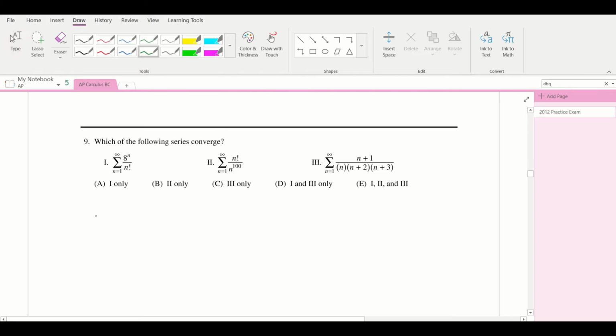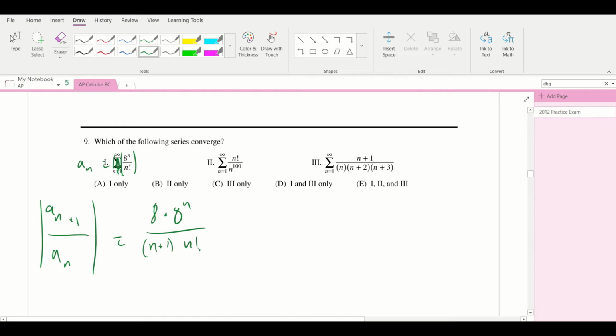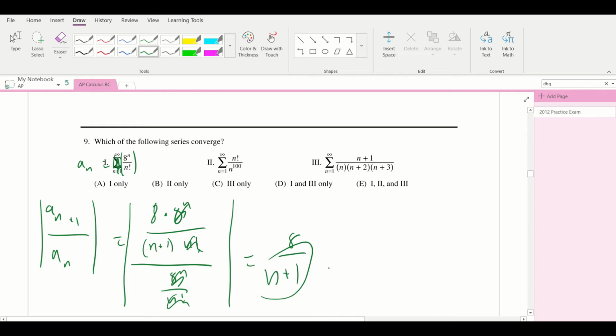If we set a_n equals this part right here, we have a_(n+1) over a_n equals 8 to the power of n+1 over (n+1) factorial, over 8 to the power of n over n factorial. So these parts just cancel out. This is equal to 8 over n plus 1. So the limit as n reaches infinity of this is 0. So that means 1 converges. So we just circle 1 here.